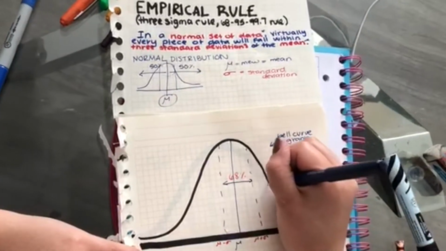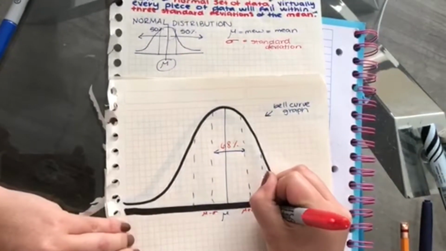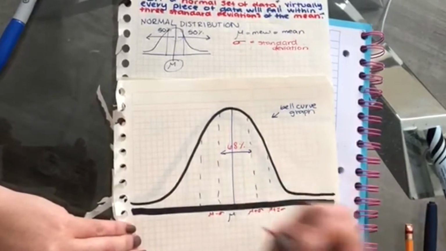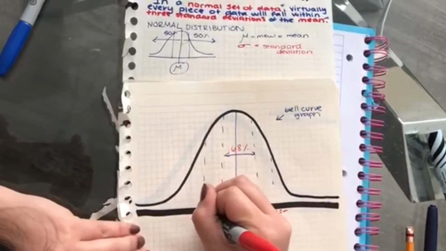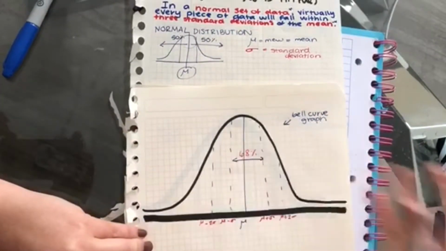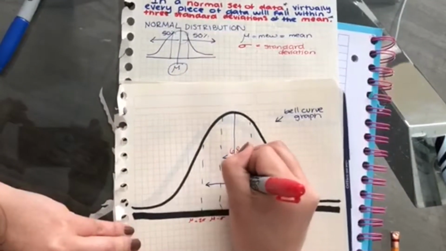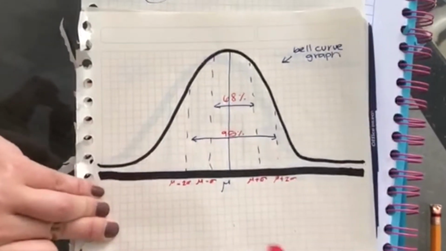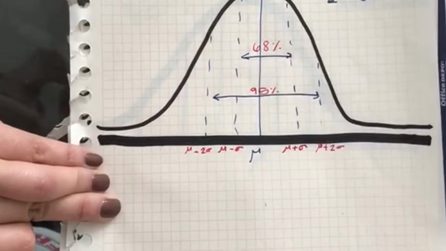If we go further out, 2 would be another sigma, so it will be mu plus 2 sigma or mu minus 2 sigma. Our data, all this, will be 95%. So there is a 95% probability that your data will be within 2 sigmas.